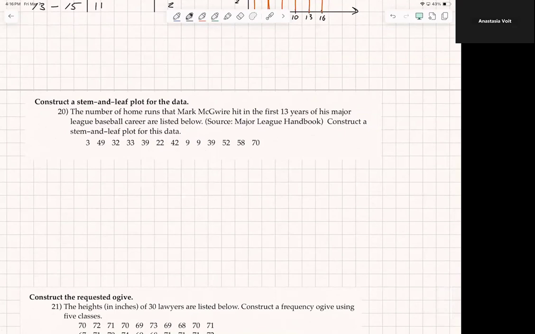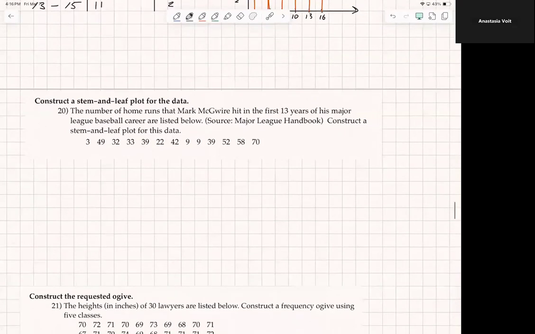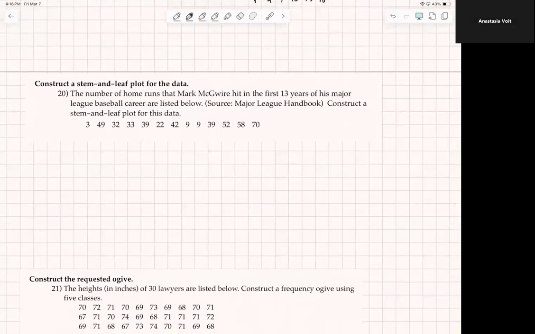Create or construct a stem and leaf plot for the data. The number of home runs that Mark McGwire hit in the first 13 years of his Major League Baseball career is listed below. Construct the stem and leaf plot for the data. Okay, so first thing you need to do is analyze what numbers we have.